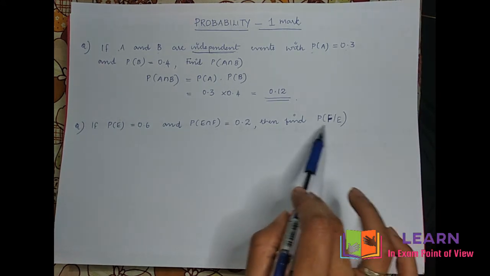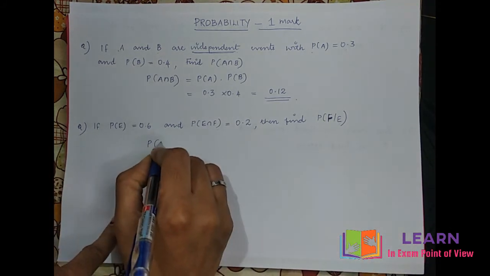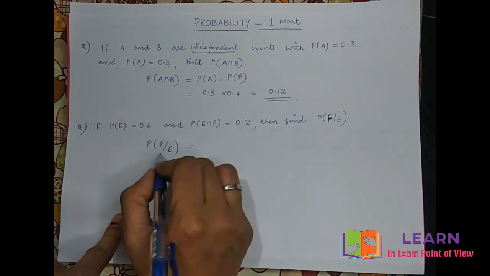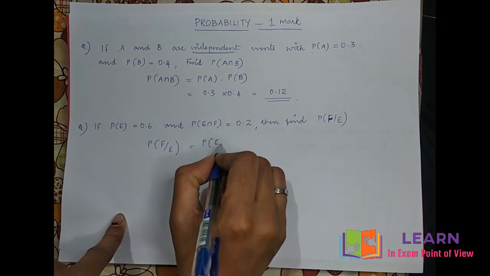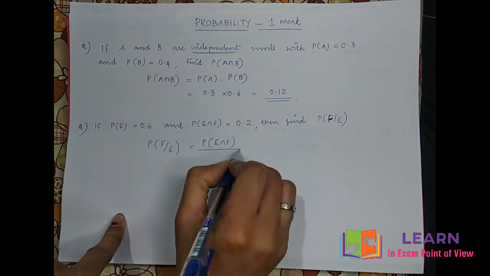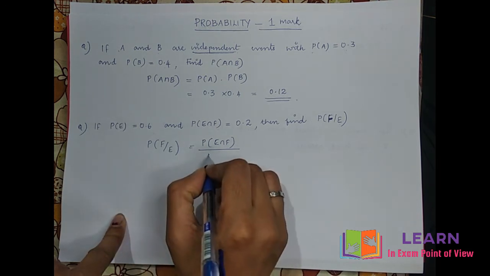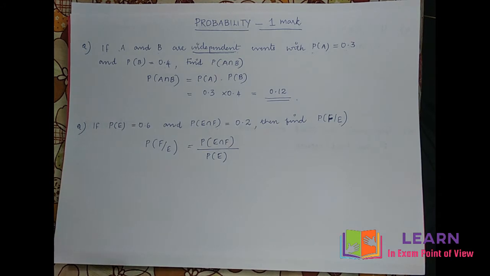There is a formula for this that you need to study: probability of F given E is probability of E intersection F divided by probability of E, since E has already occurred. Okay, this is the formula.